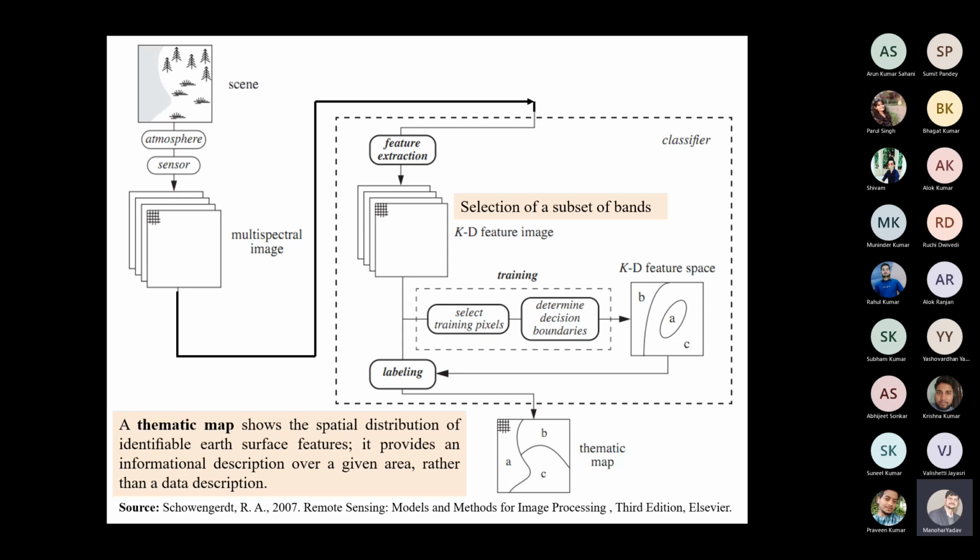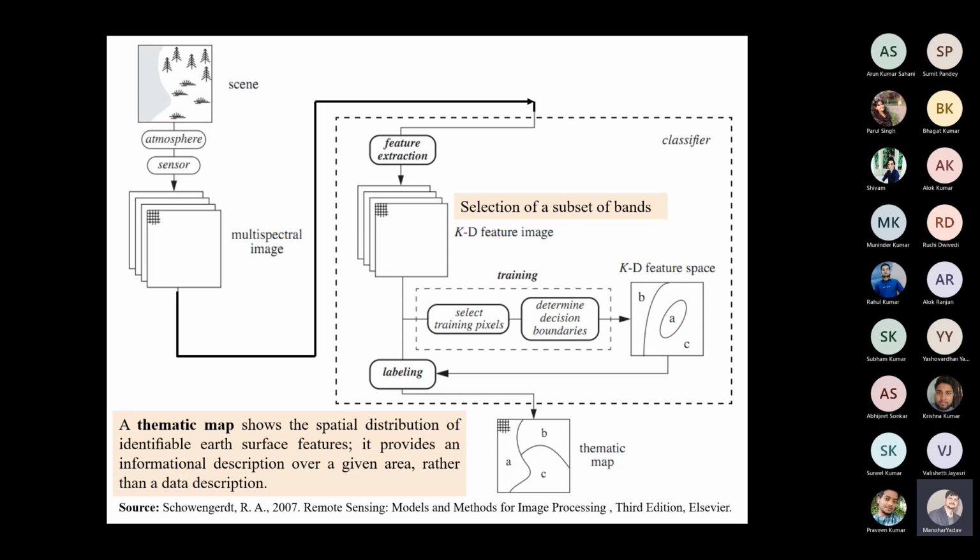So overall, how is it done? By user experience and field visit, we first select training samples. When we have an image in 3 bands, red, green, and NIR, in those 3 spectral bands we first select training samples corresponding to vegetation.